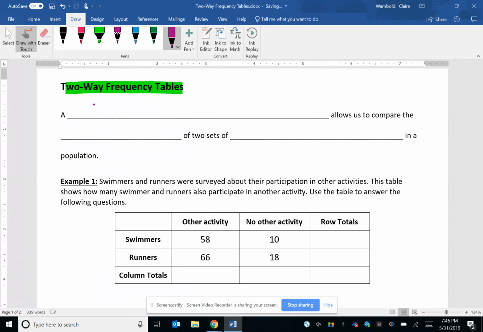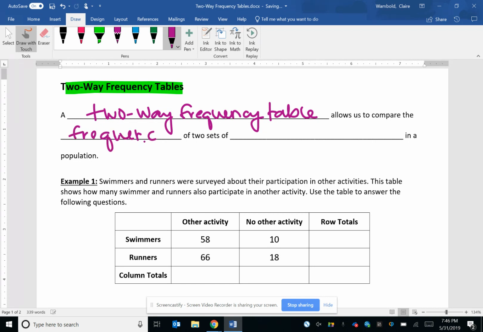A two-way frequency table is pretty much what the name sounds like. It allows us to compare the frequencies, or number of occurrences, of two sets of categorical data in a population.